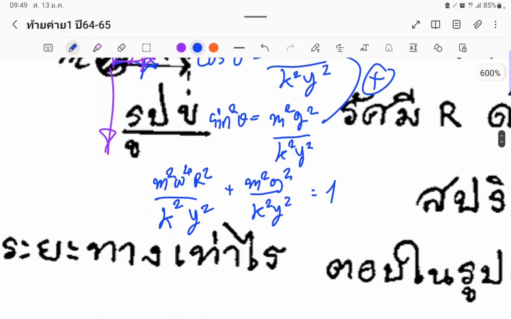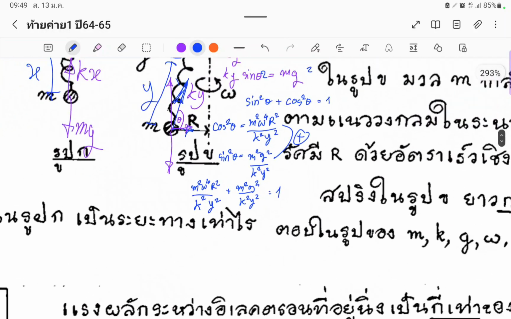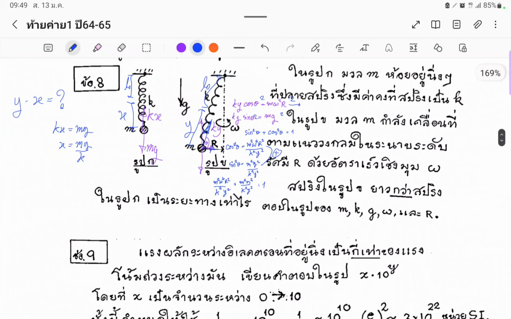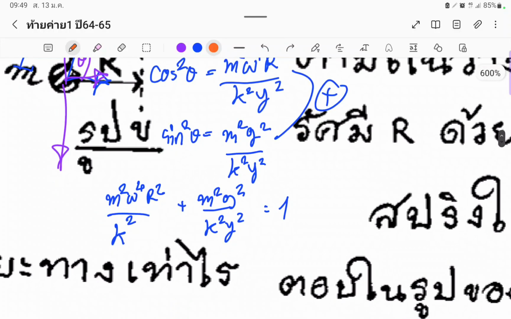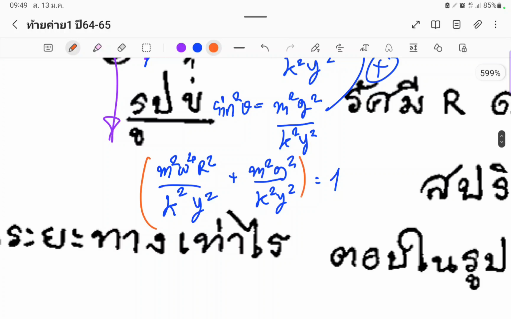We're going to take the same things out, but what do we want to know exactly? We want to know y, exactly y. So we have to take y out. We can take every other thing out: m square, k square and y square, because there used to be y here too, just before I deleted it. So we take m square over k to the power of 2 and y to the power of 2, and they're left with this.